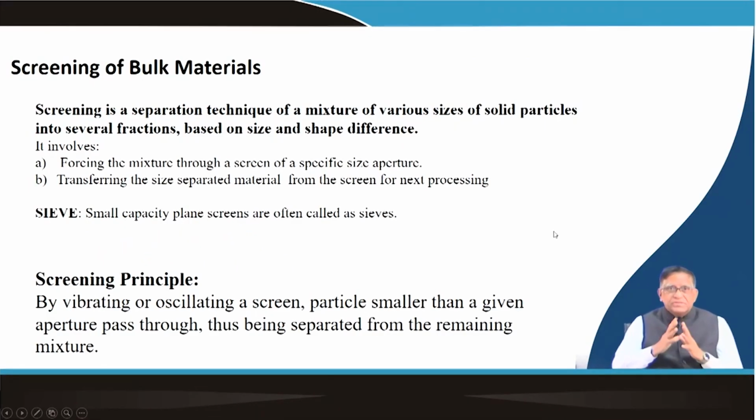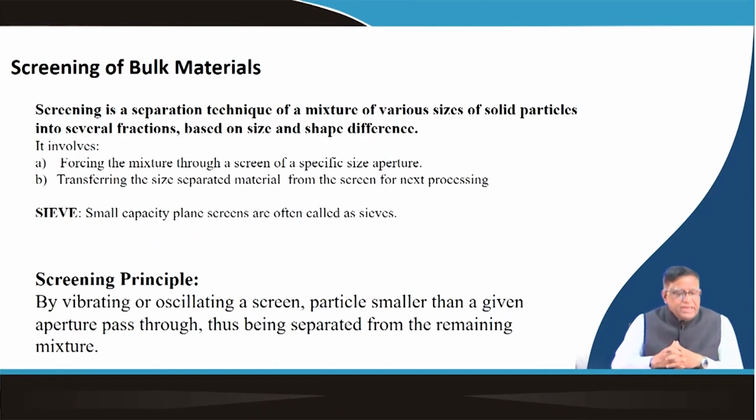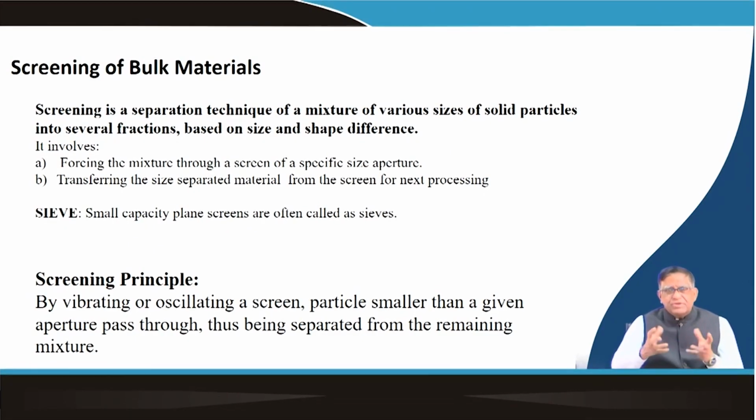So, what is the screening of bulk materials? It is a separation technique, because you may be getting a mixture of different materials. When you blast, it gives different fragmentations, and when you crush, it never gives a uniform product. So the product of blasting or crushing will be a number of different size aggregates, and we need to screen them, that means separate them.